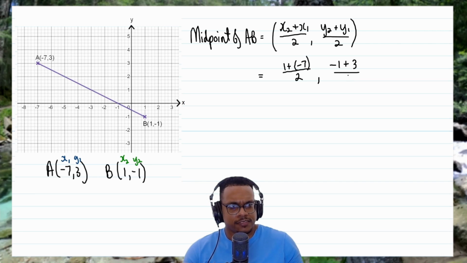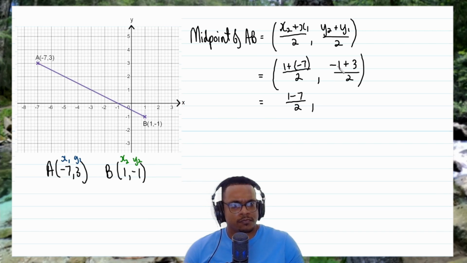And I'll divide that by 2. So now we multiply these two signs, the plus and the negative, and we get a negative sign. So we get 1 take away 7. So I have 1 take away 7 divided by 2. And -1 plus 3 will give +2. So I'll have +2 divided by 2.